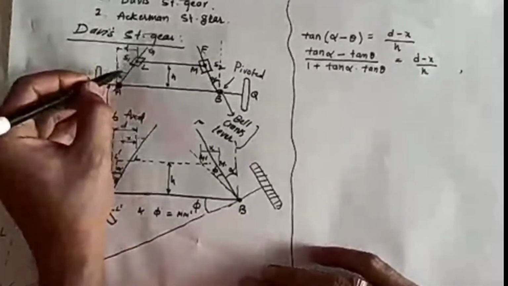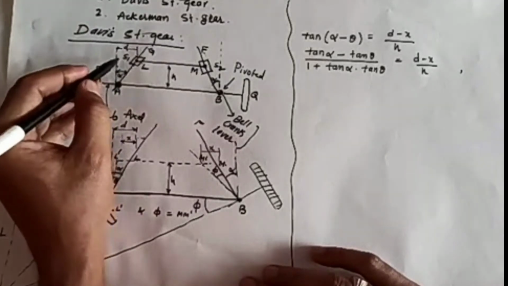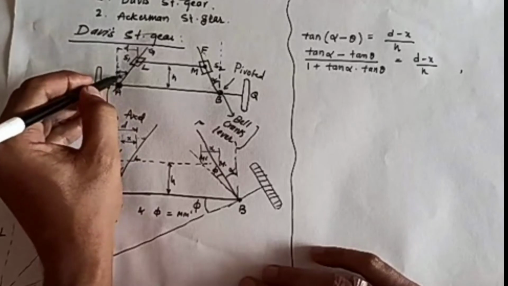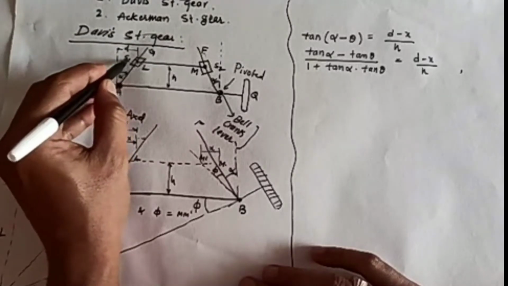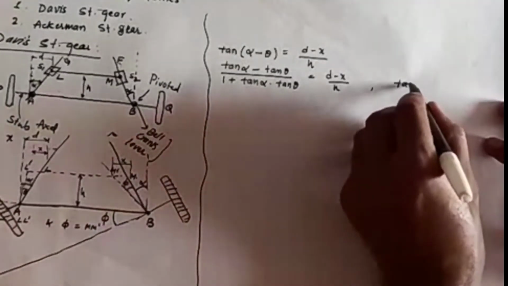Okay, so again, if you look at the previous diagram, in diagram 1, if you apply tan alpha there, then tan alpha is equal to opposite by adjacent. It means d by h. So tan alpha is equal to what?